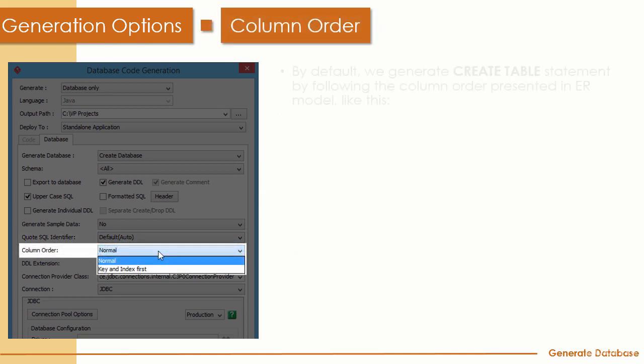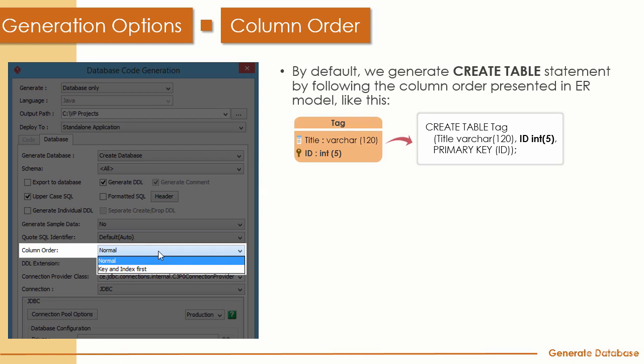The column order. By default, when you generate the DDL, the column order will follow the order you see in the ERD. In this case, we have the title and then the ID. Then we'll generate the title and ID. You may be aware the ID is a primary key.